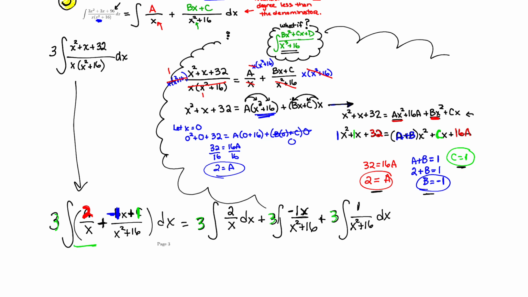The first integral comes from 2 over x. The second integral comes from taking this denominator and putting it under negative 1x over x squared plus 16. And the third fraction comes from taking that denominator and putting it under 1. Is that okay with you guys? I just thought ahead.